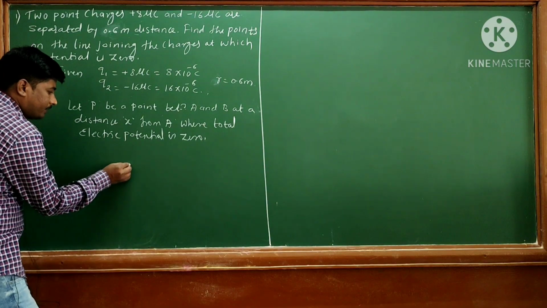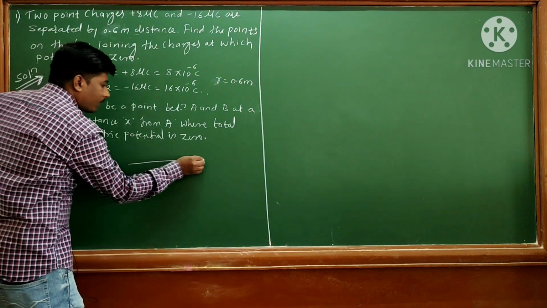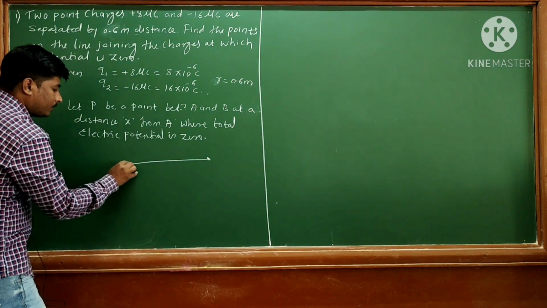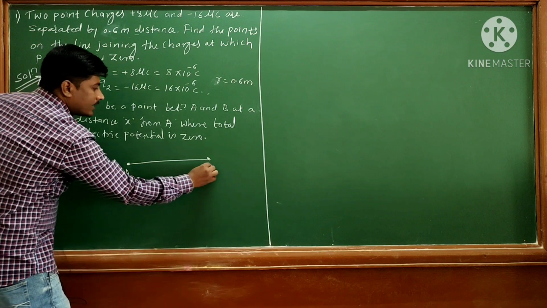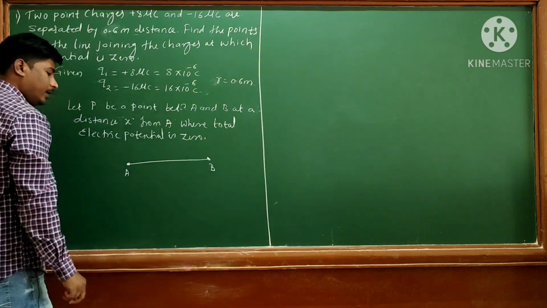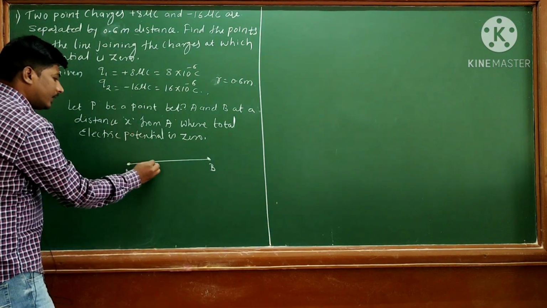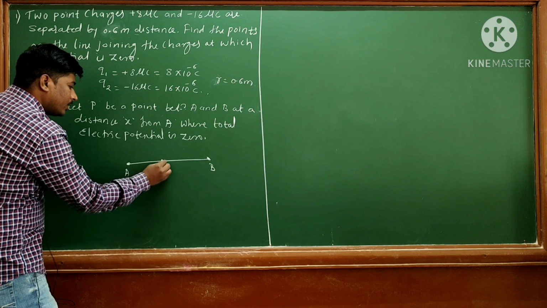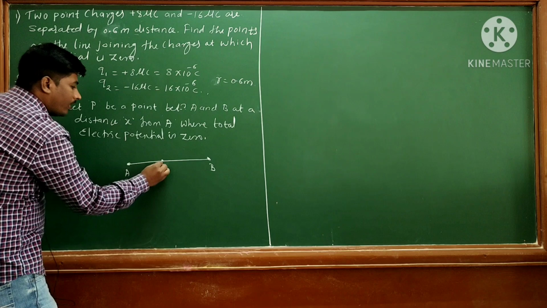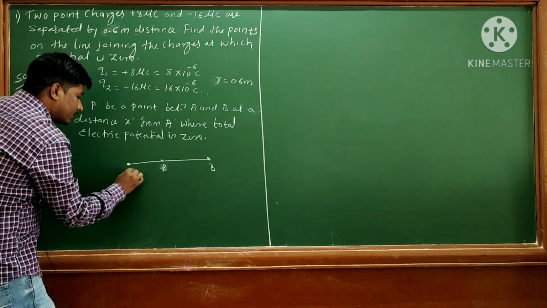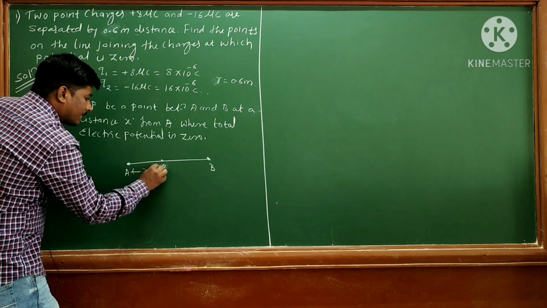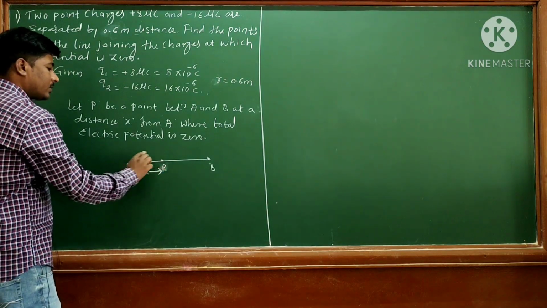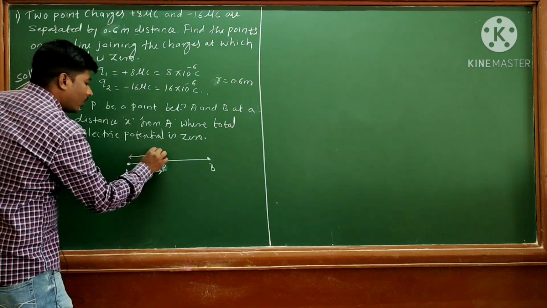I will draw here. These are the 2 points A and B. As I said, let P be a point at a distance x from A. The total distance they have given, how much is it?